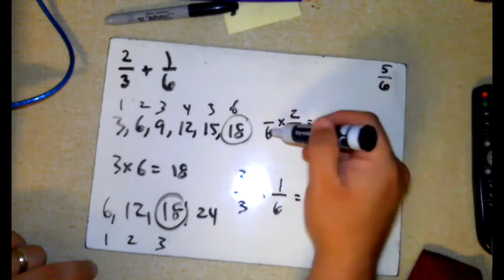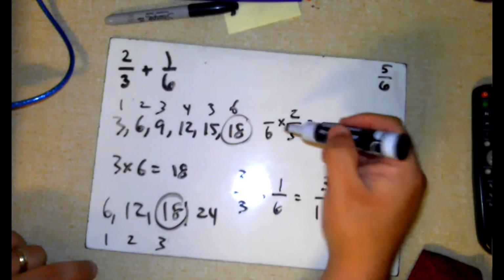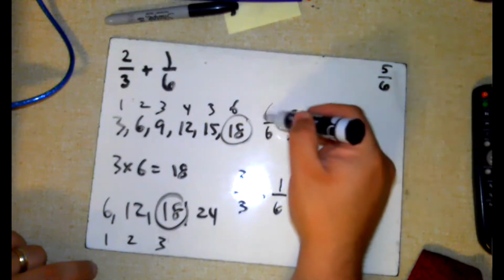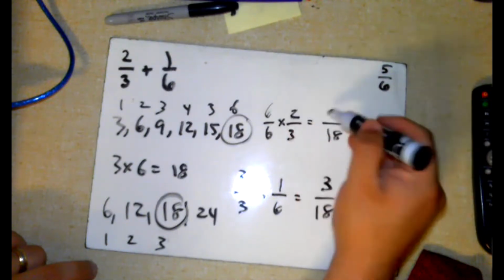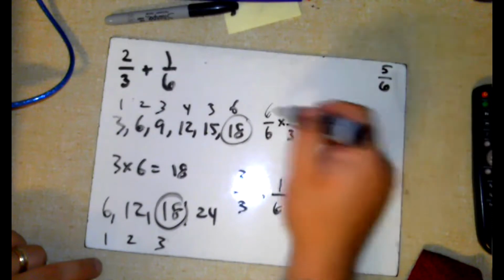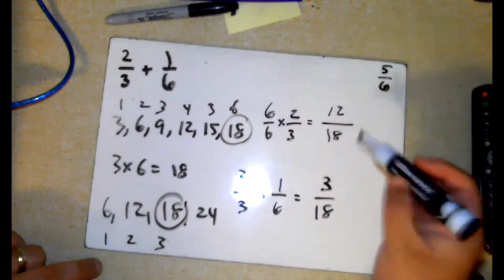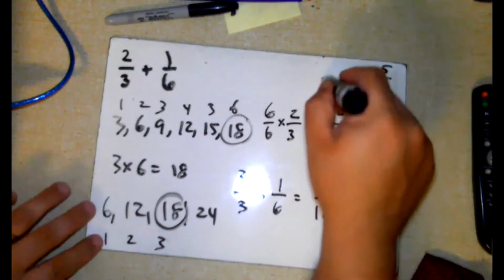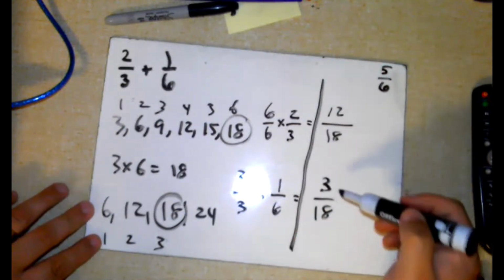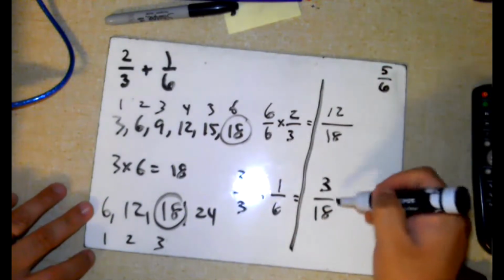Okay. So what I do to the denominator, I must do to the numerator. So I'm going to go 6 times 2 is 12. Now I have equivalent fractions, and they have the same denominator.